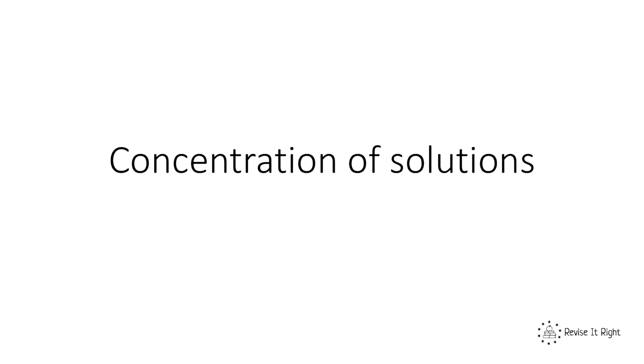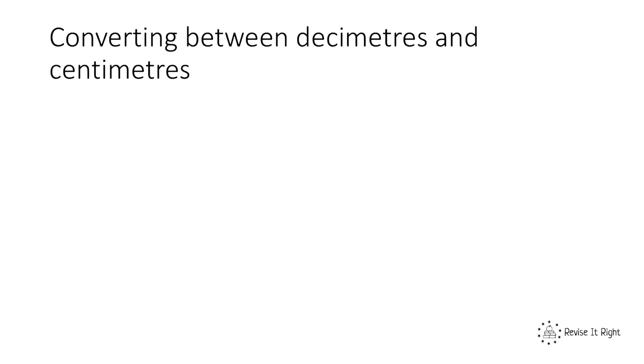This video is about concentration of solutions. Before we look at what we mean by concentration and how to calculate it, we first need to be able to convert between decimeters and centimeters. A decimeter cubed, written dm cubed, is 1,000 centimeters cubed.